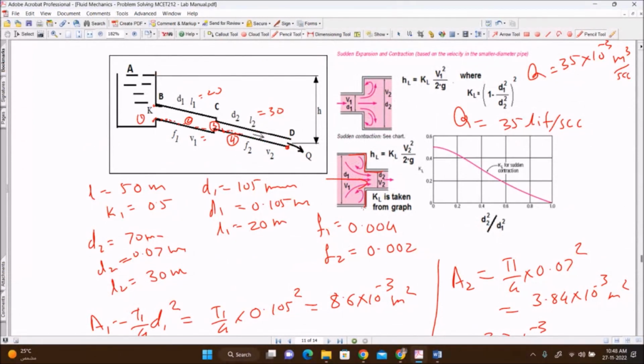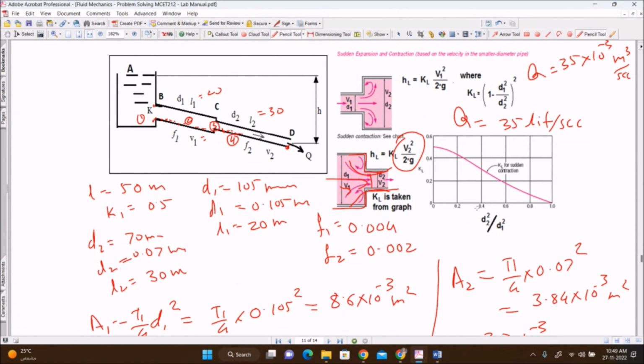So I need to use this formula, where K is taken from the graph. I need to consider the outlet velocity, very important, because there is a vena contracta here, and we have to measure the outlet velocity. The minimum area depends on the inlet pressure.